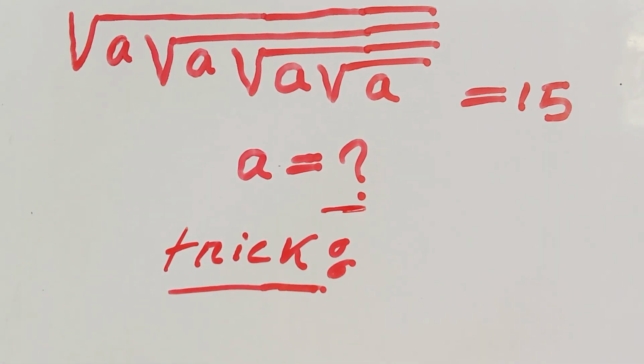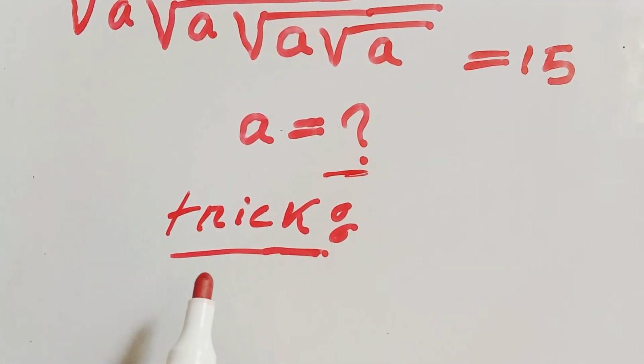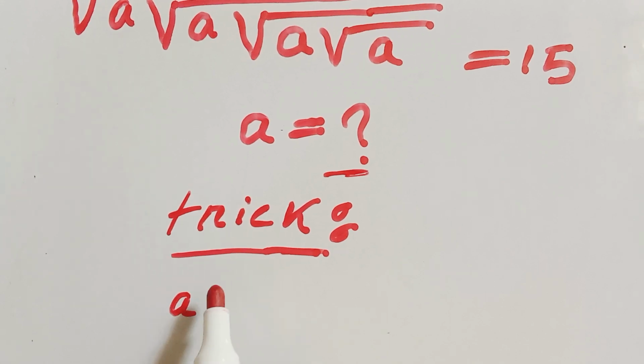So here we can write like that. A power half, a power 1 by 4, a power 1 by 8, and a power 1 by 16.